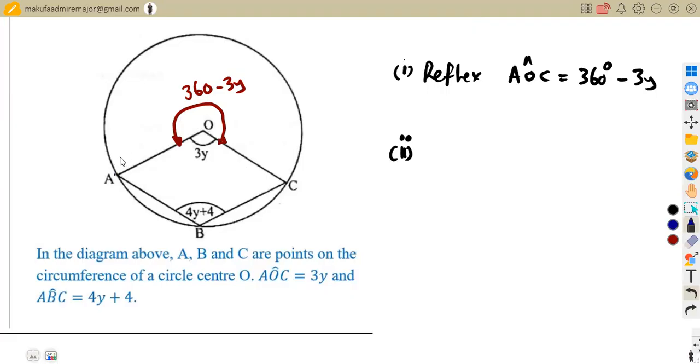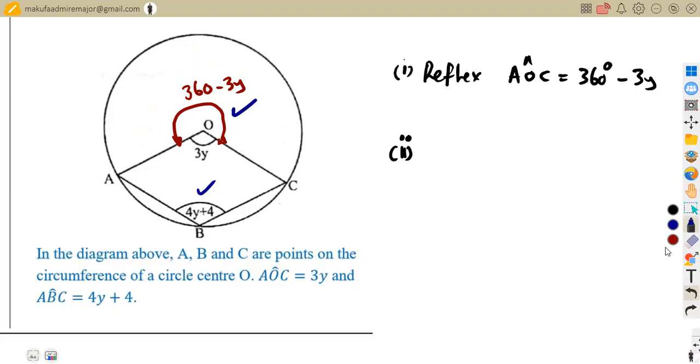If we are dealing with the angle AOC, this 3y here, the angle it must affect is this one at the circumference, not the 4y plus 4. The 4y plus 4 is affected by this angle here.